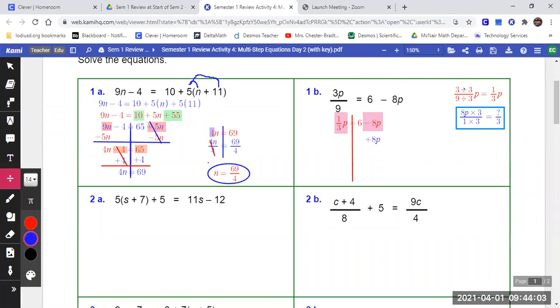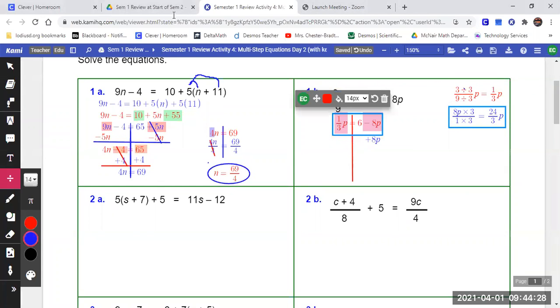Since we multiplied top and bottom by the same number to get the common denominator of 3, what are we going to have on the top now? Not 8P. What are we going to have? Yeah, 24P. But I'm going to do the same thing I did before, which is kick the P off. Okay, we're going to kick the P off.